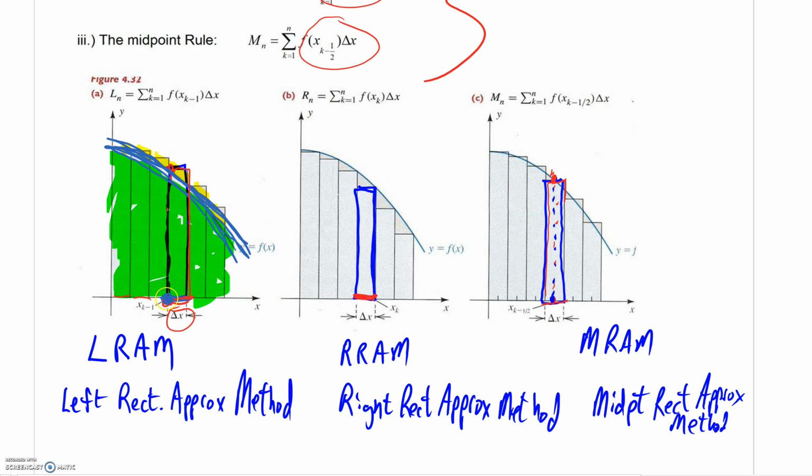If we went with the left endpoint, that could determine how tall that rectangle should be. And you can see this is what's happening in each and every one of these scenarios. It's that left endpoint, look at this rectangle right here, that will determine how tall that rectangle really is. So we have a base of delta x where heights are always function values. But we'd add up all these rectangles and we'd have an estimate for the area underneath the curve.